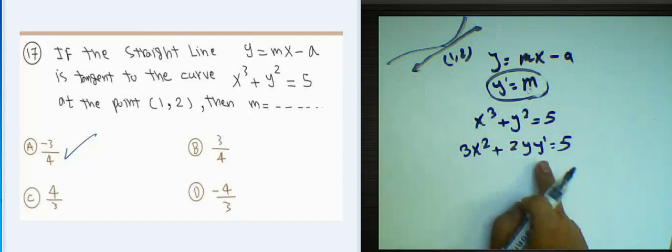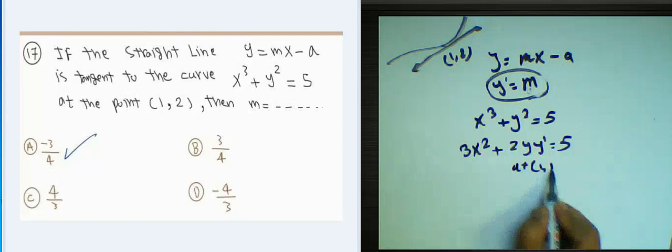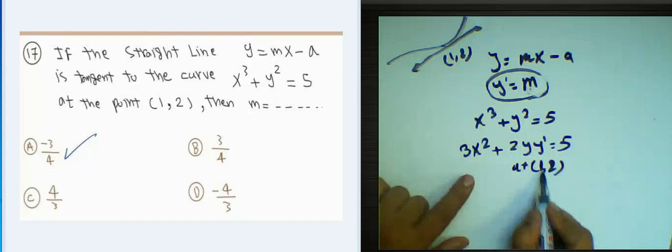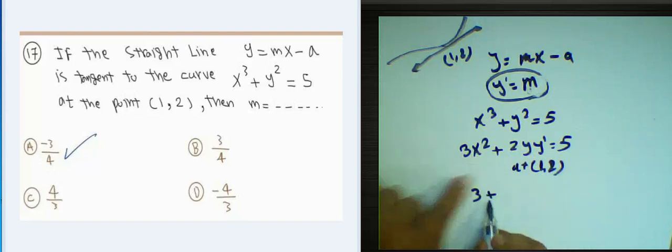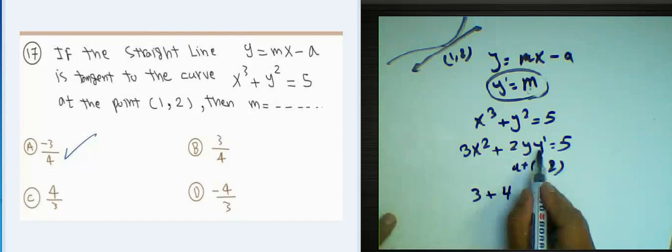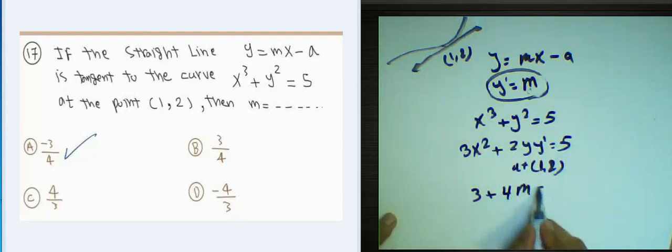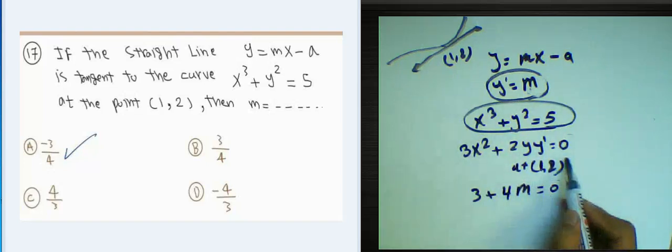We can write m at the point (1, 2). Put x = 1 and y = 2 here. It will be 3 + 2 times 2 times m, which is 4m, and the derivative of 5 is 0.